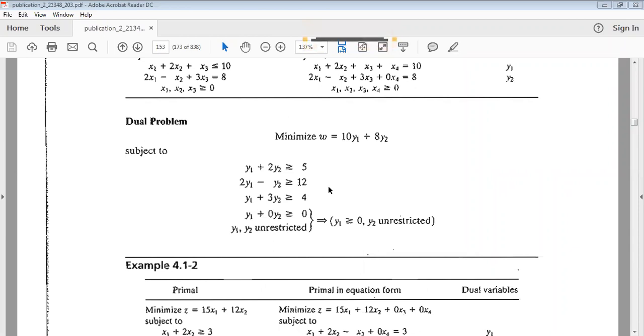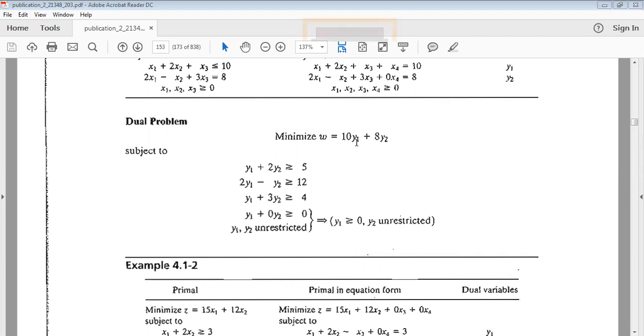Similarly, if you want to show this particular thing, because all these things are greater than, artificial variables are needed, because this is a minimization problem. If you convert it into a maximization problem, it will be easier for you.